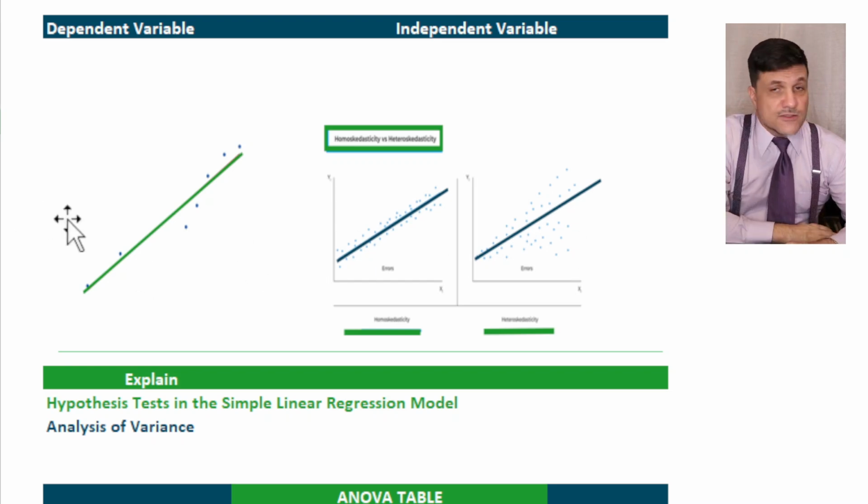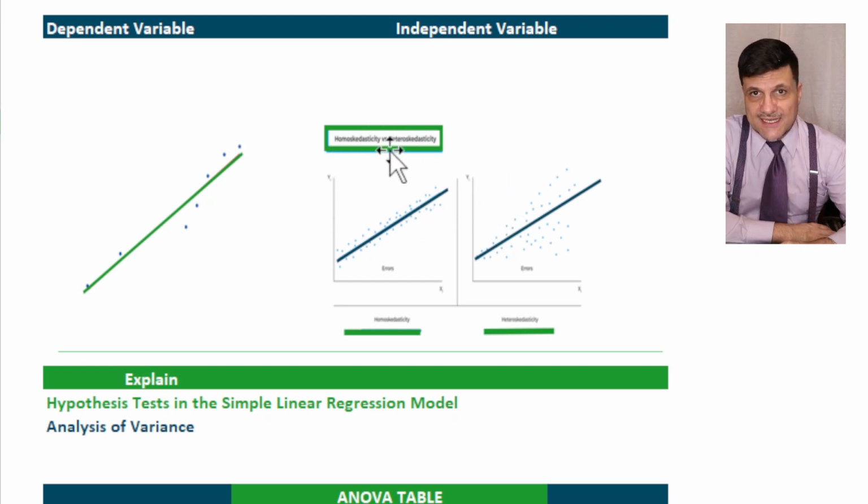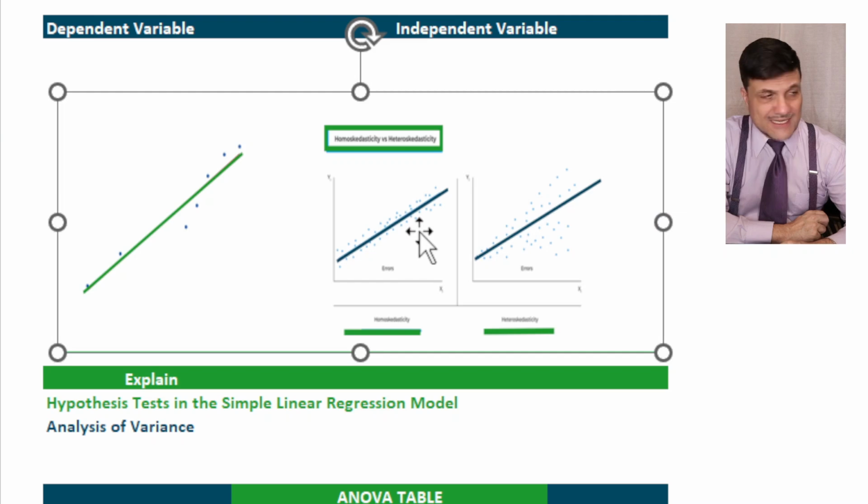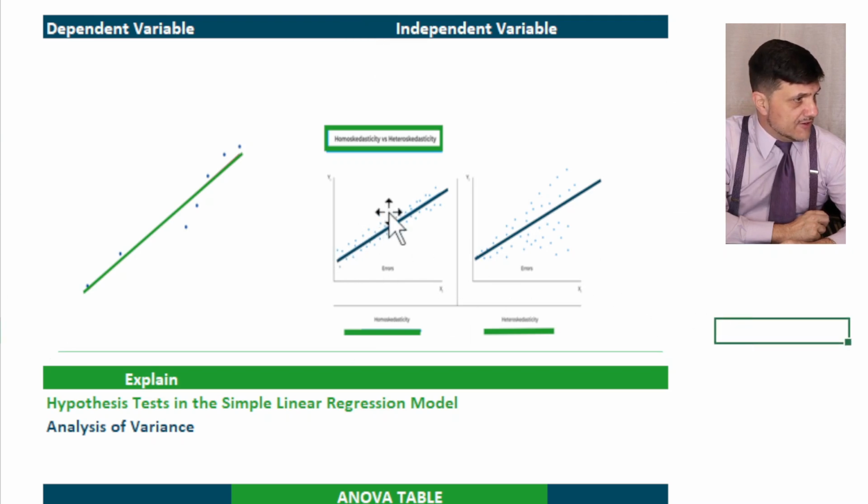Right? So that would be a good regression. Now I have two images here with the blue line. Apologies, what is written here is not very clear, but it says homoskedasticity versus heteroskedasticity. Okay? Heteroskedasticity you don't want. You want homoskedasticity, which means you want the error term to be equal along the line.